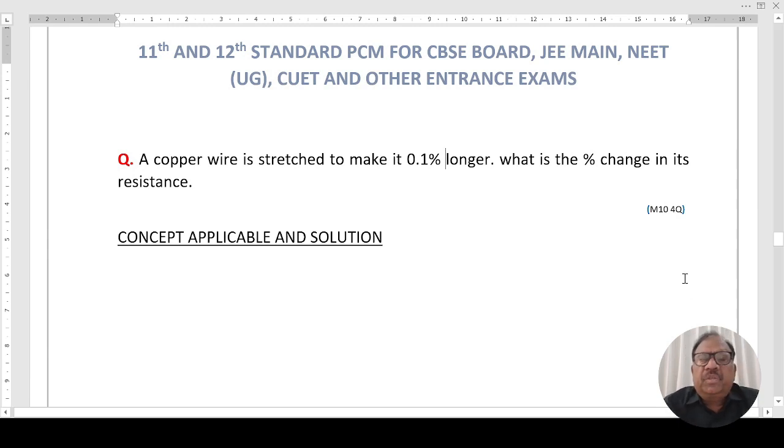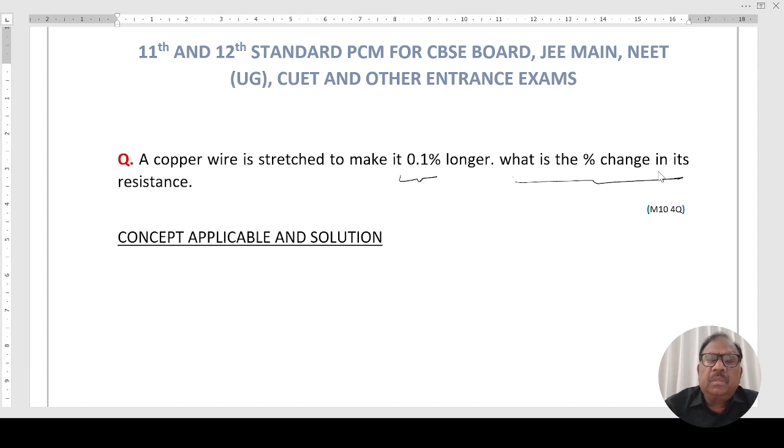Question is, a copper wire is stretched to make it 0.1% longer. What is the percentage change in its resistance? The concept applicable is propagation of error.